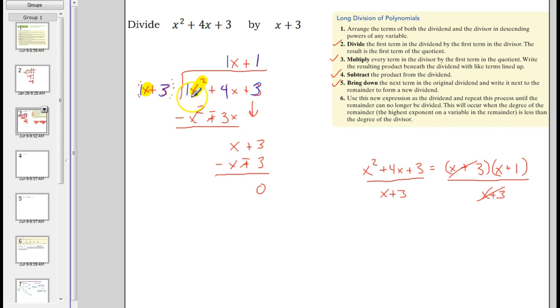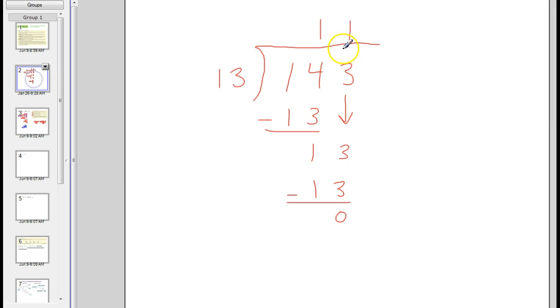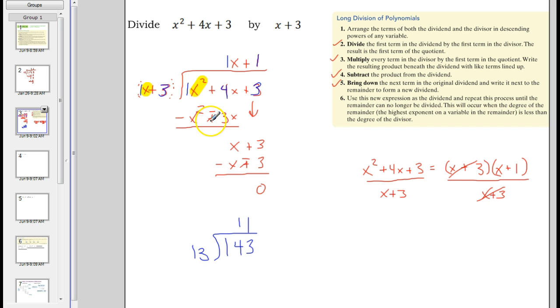And if you look, we got 1, 4, 3, 1, 3, and on the top 1, 1. Right, which is the exact same thing we just did here. I mean, it literally is the same exact thing. When you have single-digit whole numbers, and everything's positive here, it literally is long division in numbers. It's not any different at all.